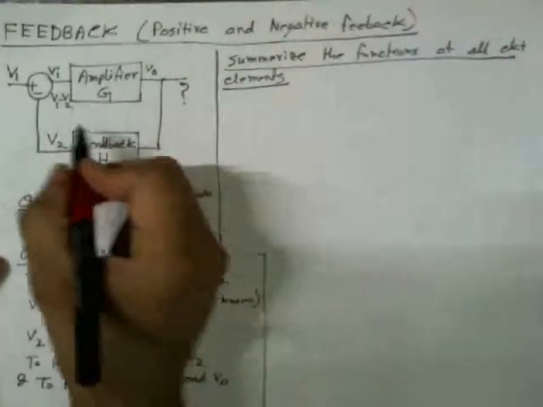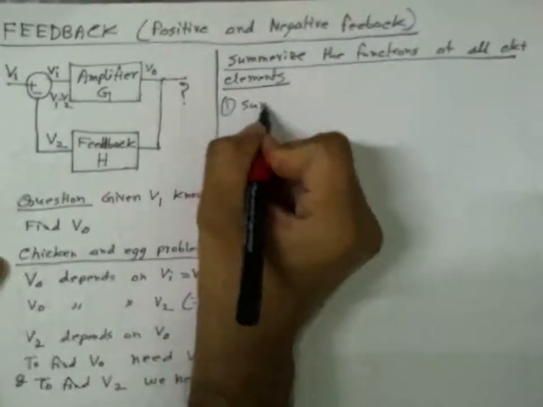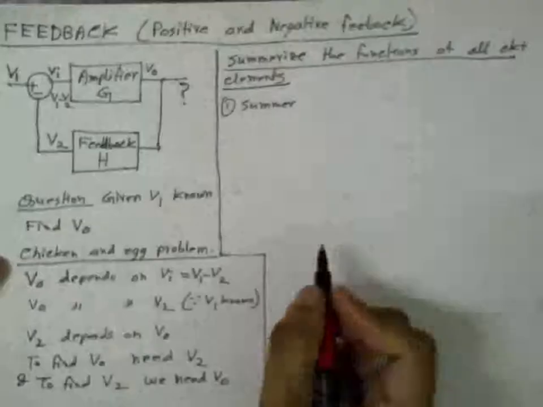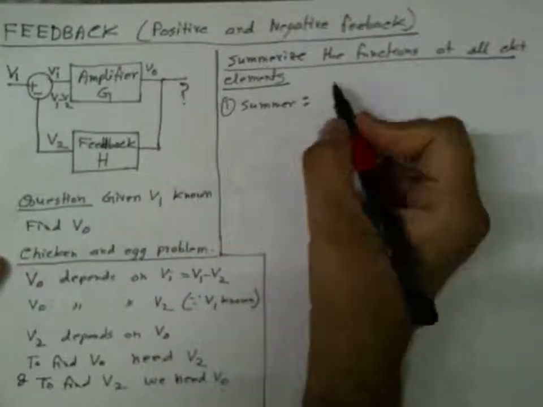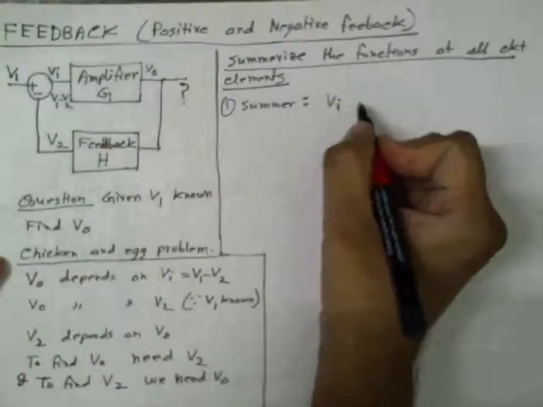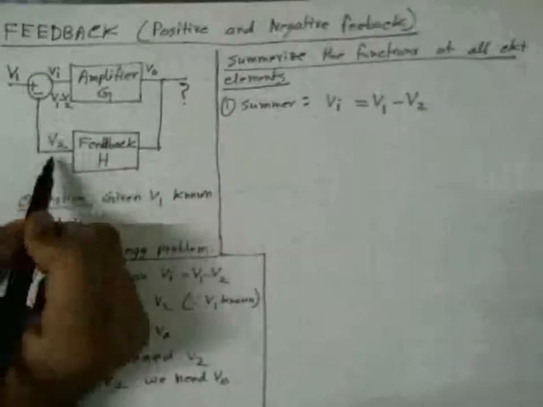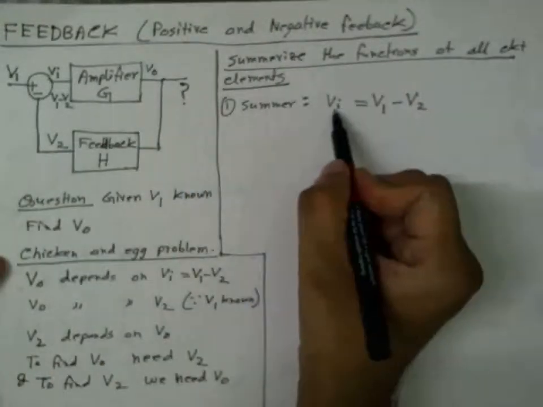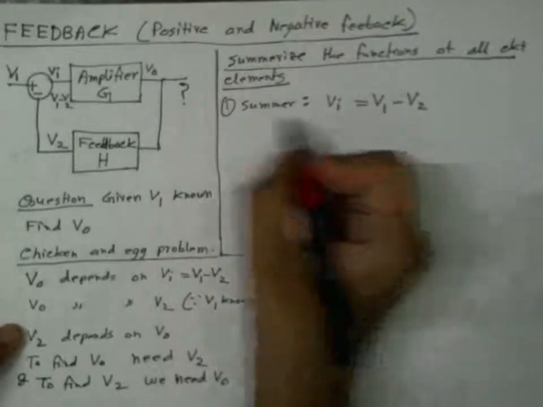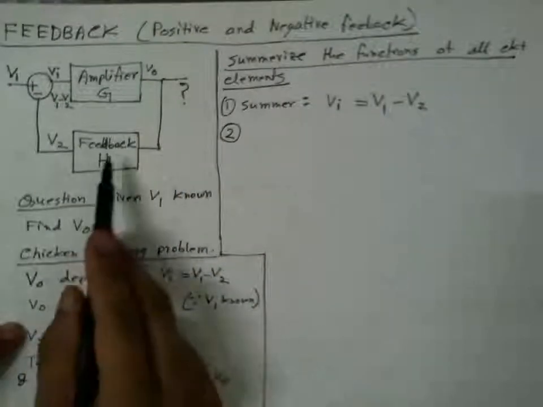So what is the function of, let's start with the summer. The function of the summer is like this: to produce Vi, which is equal to V1 minus V2. So it takes two voltages as input and gives Vi as the output. That's the function of the summer. Now let's look at the function of the feedback element.